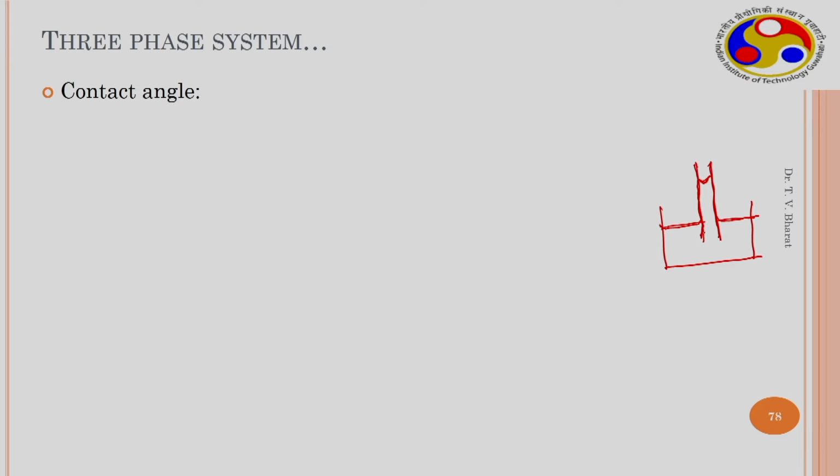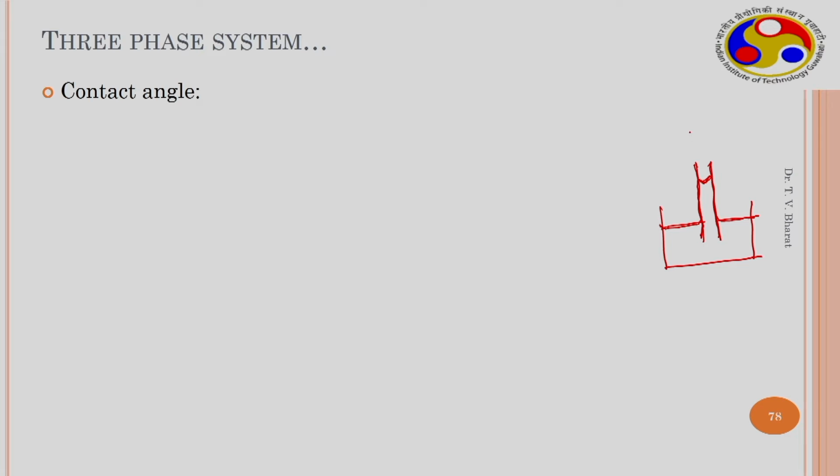Because of these adhesive forces, water tries to creep and occupy the maximum possible surface with a thin film. In turn, as there are cohesive forces between the molecules, the water molecules get pulled up and form a meniscus like this.